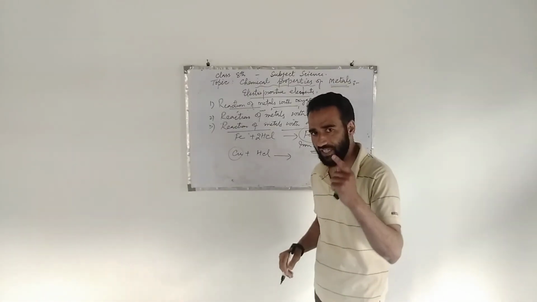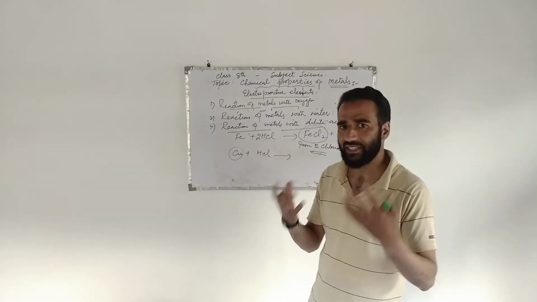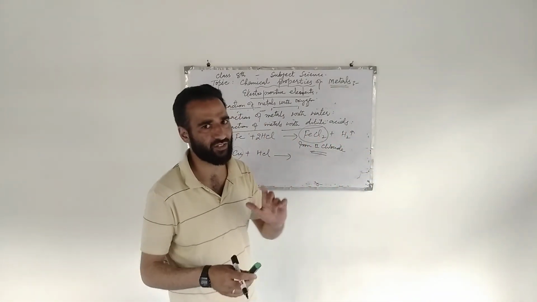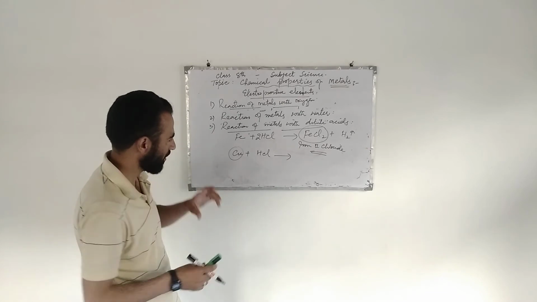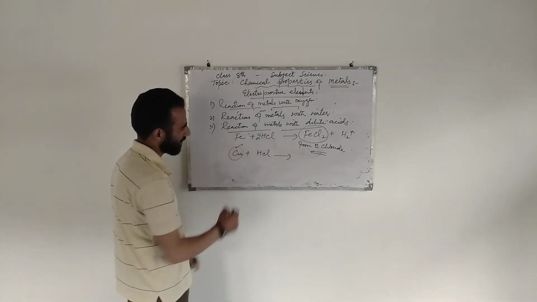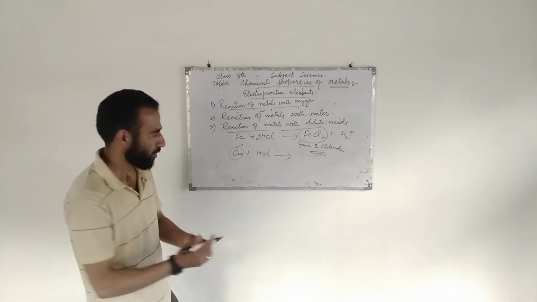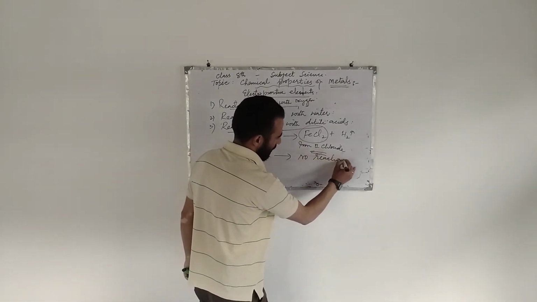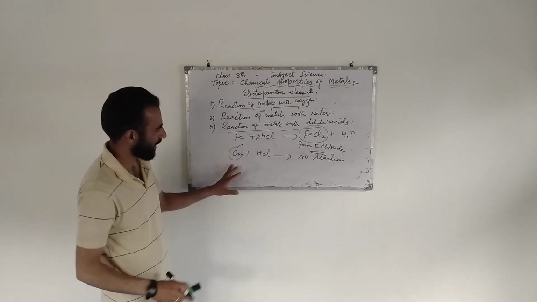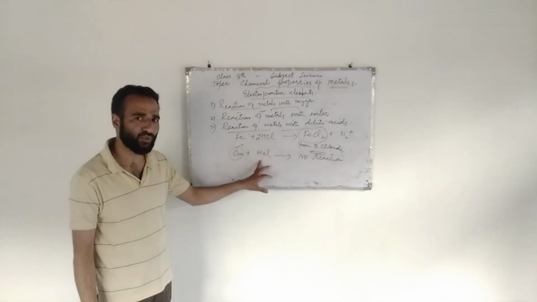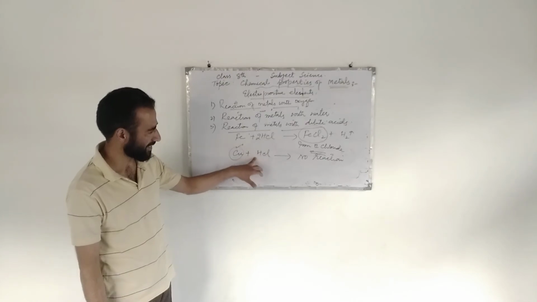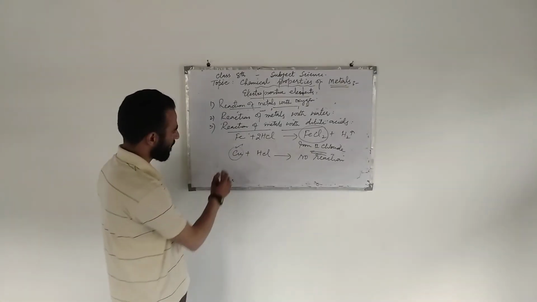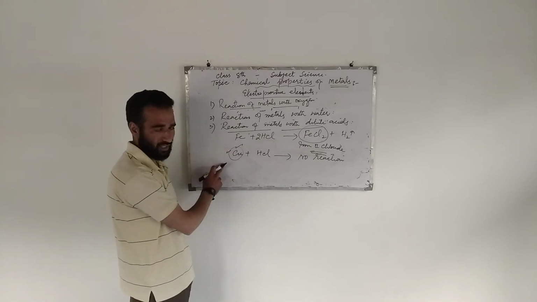Similarly, if we take the example of silver and gold, these metals are also very less reactive in nature, due to which they do not react with any type of acid, and we can say no reaction takes place. If we combine copper with dilute HCl, no reaction occurs, because copper is very less reactive in nature.